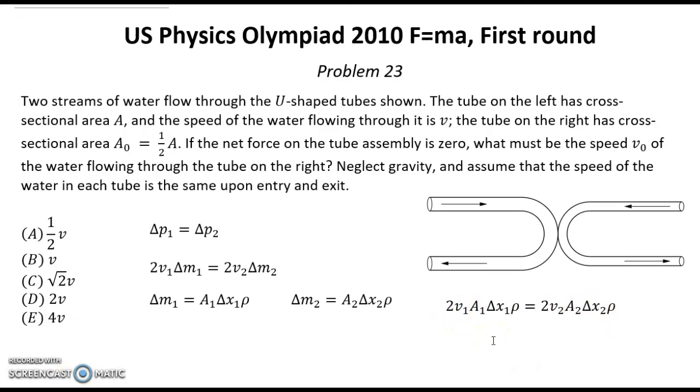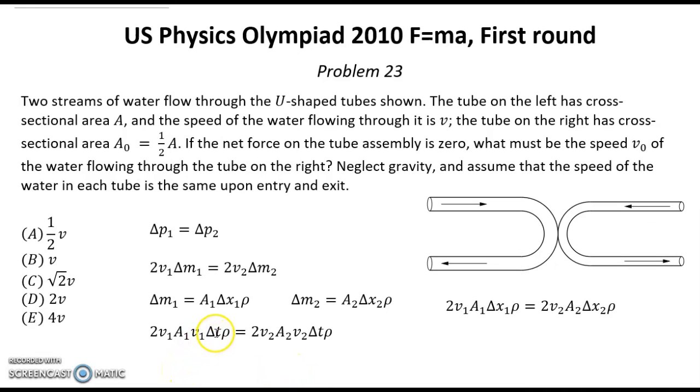Here now we can, instead of dx1, put v1 multiplied by delta t, and instead of dx2 we can insert v2 multiplied by delta t. So we have this expression, and now we can cancel several things.